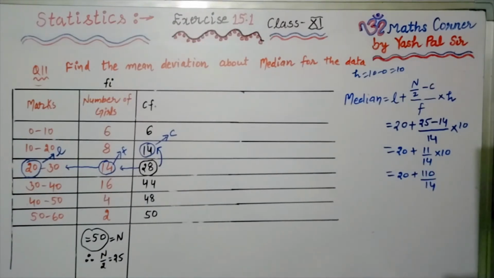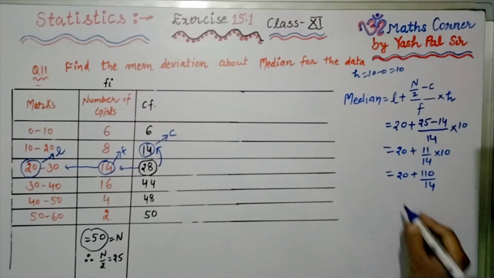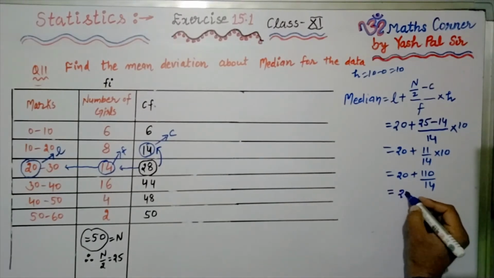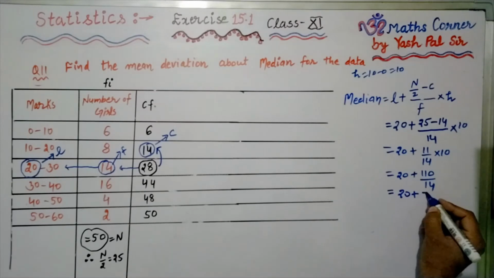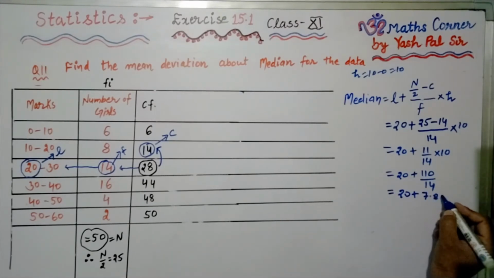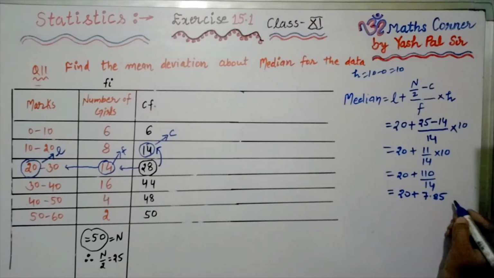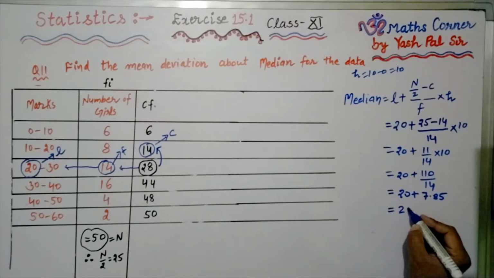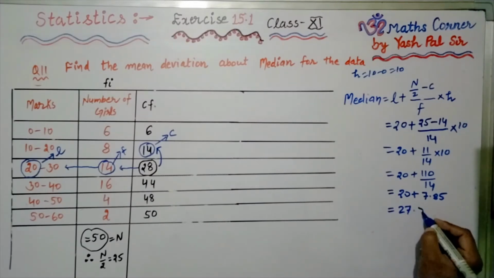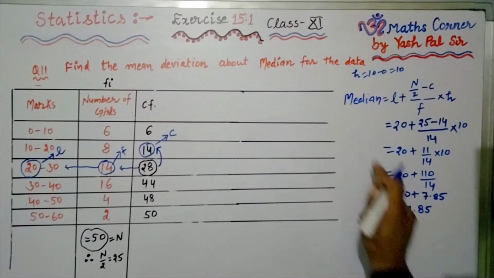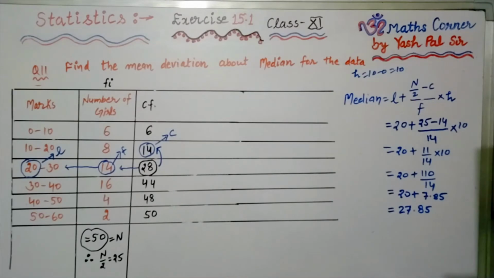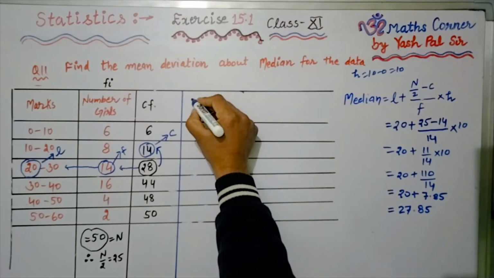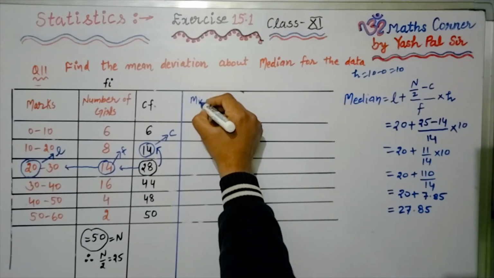So this becomes 20 plus 110 divided by 14. We can say this is equal to 20 plus 7.857. So this becomes 27.85. This is the median.